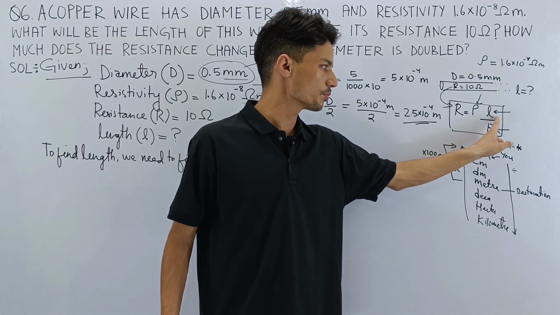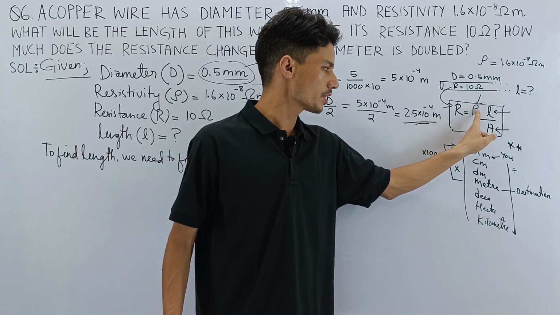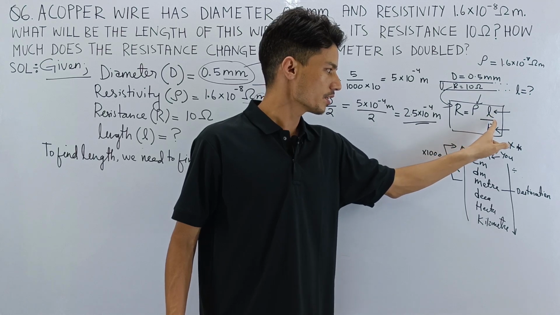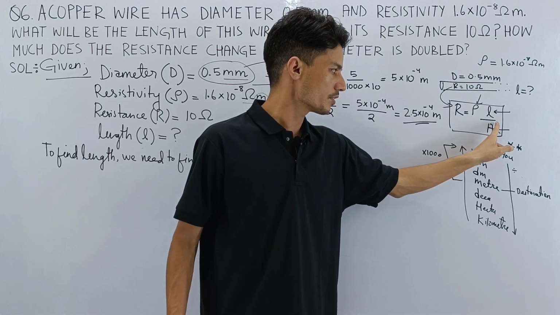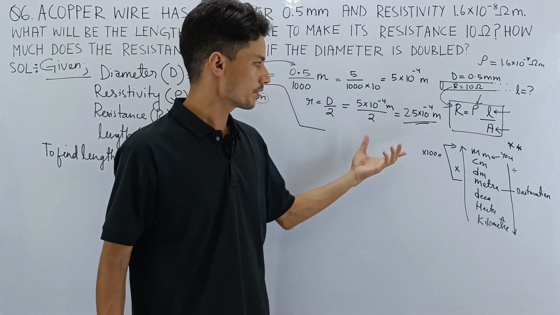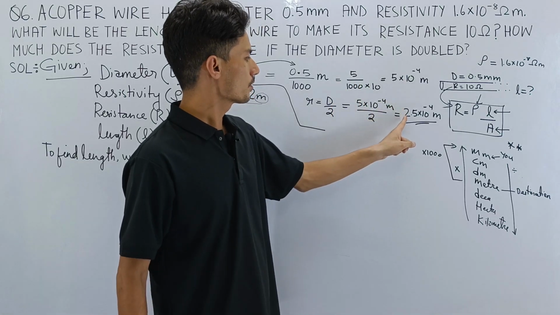Without area, we will not be getting this. We already have this, this is what we are supposed to find, but we also don't have this. So we need to find this first, and we are ready to find this because we have the radius.